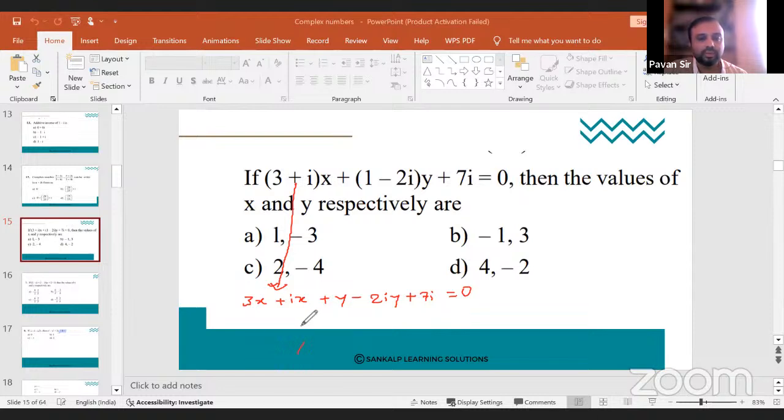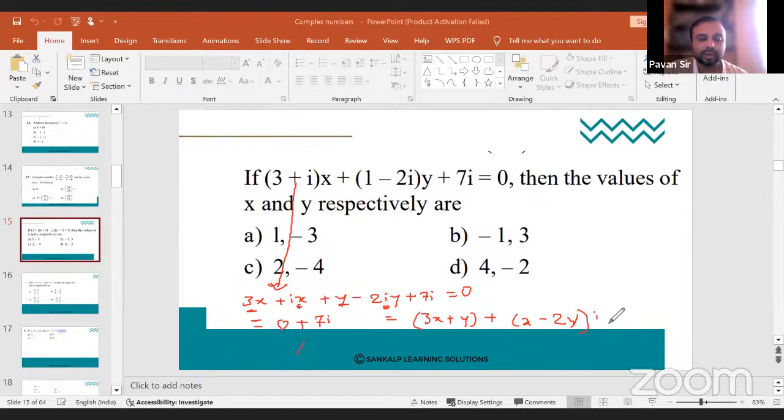It is nothing but 0, or you can write like this: (3x plus y) in one bracket, meaning the real parts together, plus (x minus 2y), with i common because ix and 2iy are there.